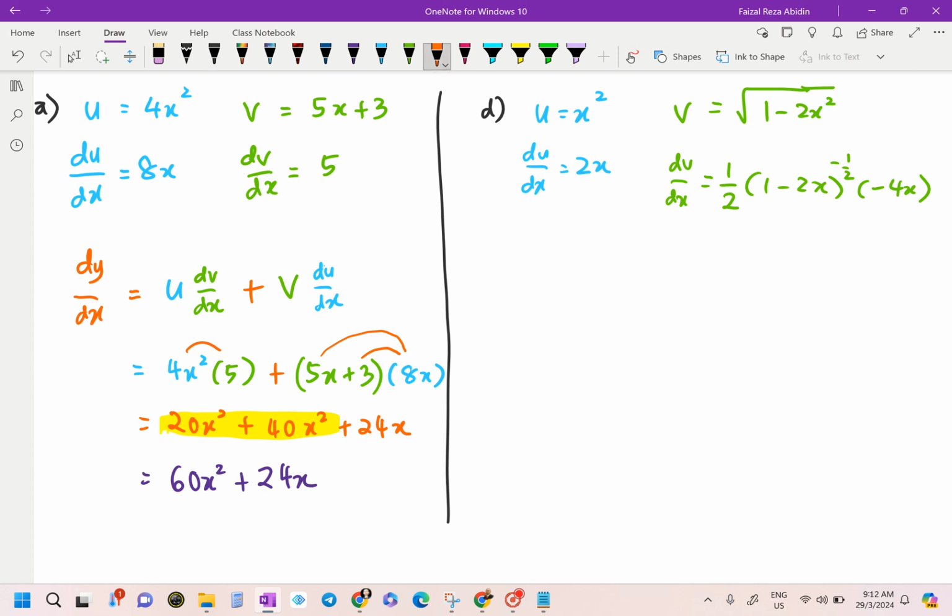For the product over here, dy over dx, same as just now, u first. So I'm going to get x squared times dv dx, everything there I just put in a big bracket, 1 over 2. Actually, I can simplify straight away. 2 with negative 4 is going to be negative 2, so I just put negative 2. And then 1 minus 2x to the power of negative 1 over 2. Sorry, 2x over here.